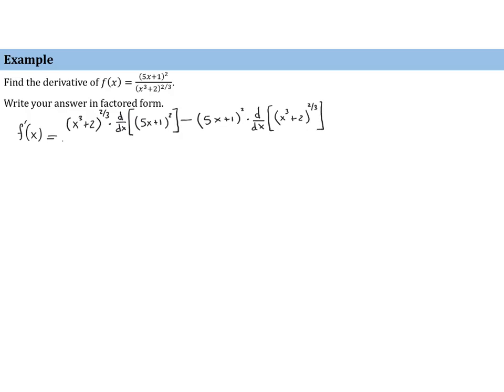And this will all be over the square of the denominator. Now it's important to make sure that you write this denominator and carry it through.